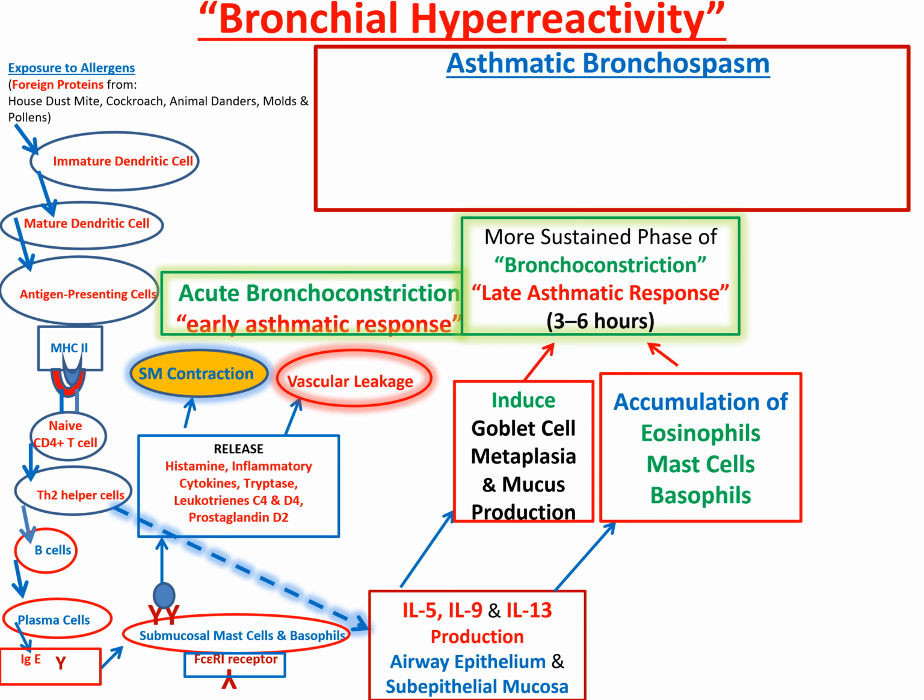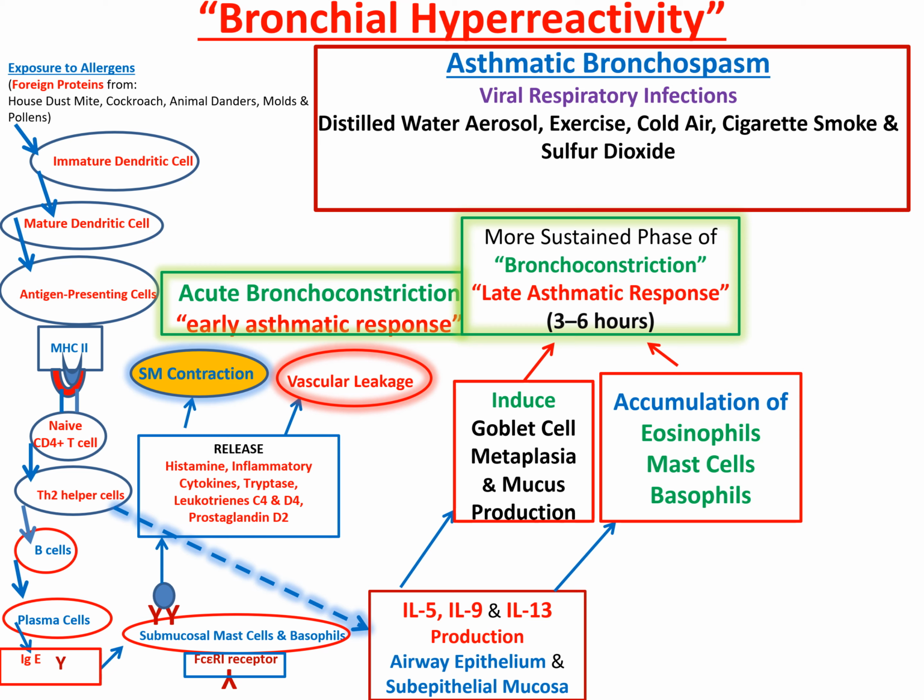So we have a severe bronchospasm that manifests as an exaggerated bronchoconstriction response of the airway to different stimuli, for example a viral infection, exercise, cold air, cigarette smoke, or activation of the neural pathways. This bronchial hyperactivity is considered a hallmark of the inflammation in asthma, and it is related to the severity of the disease.